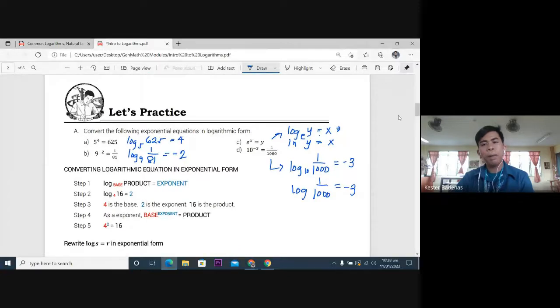When the base is e, instead of writing log with the base e, we just write ln. When the base is 10, we can omit the 10.